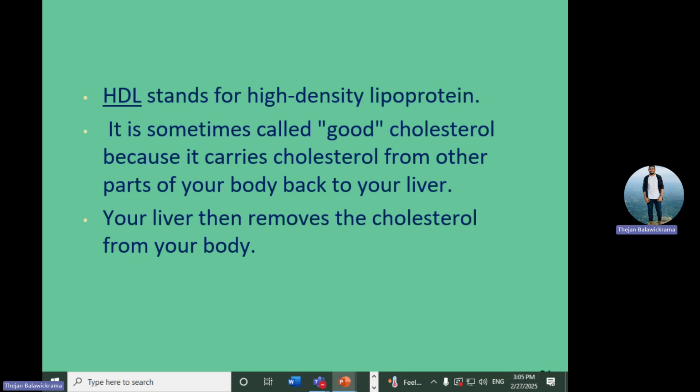The HDL takes that extra cholesterol back to the liver, so cholesterol is not accumulated inside the cells. Problem solved. The liver is the organ that removes unnecessary stuff from the body, including cholesterol.